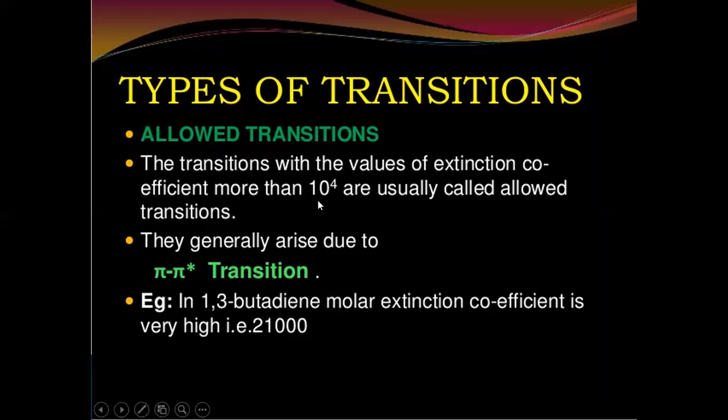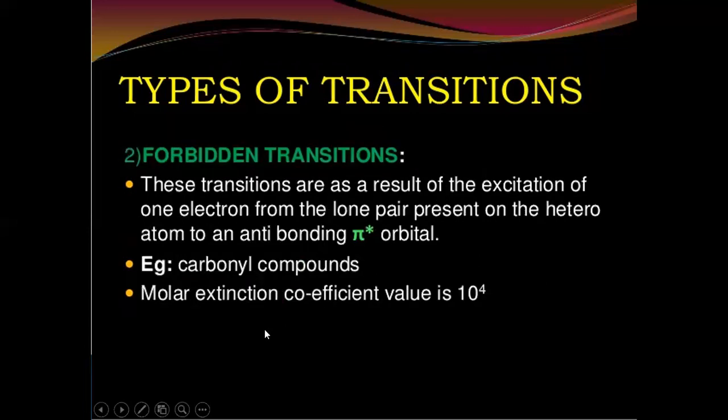They generally arise due to pi to pi star transitions. In 1,3-butadiene, it is 21,000. So it is an allowed transition.